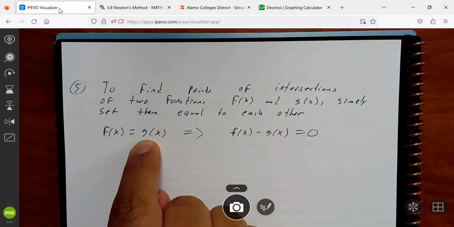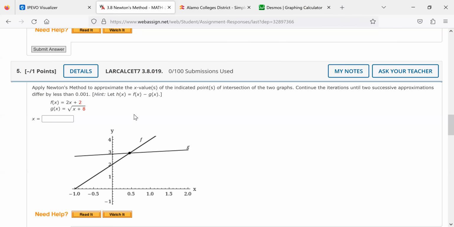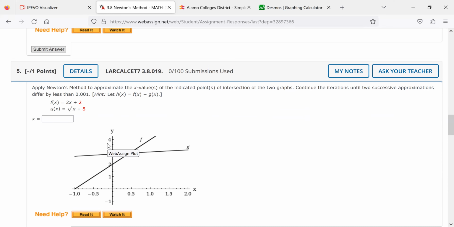Does that logic make sense? Yes, it does. Okay, then let's just use this. f of x is equal to 2x plus 2, and g of x is equal to the square root of x plus 8.